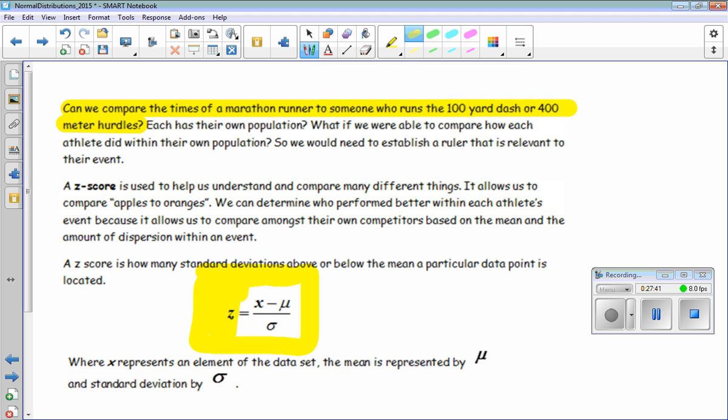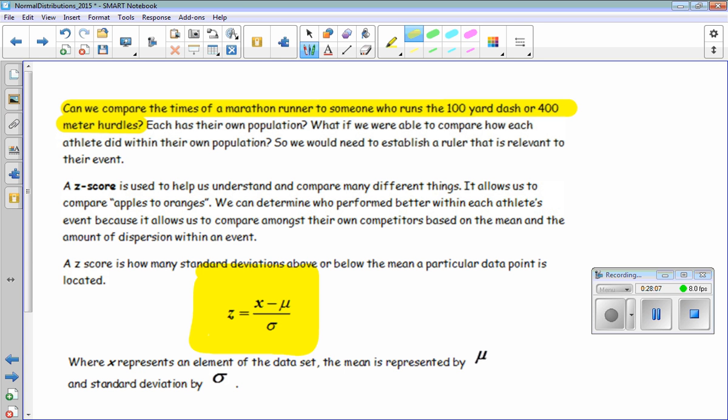Let's say Christian is our marathon runner, Carolina is our hurdler, and Jennifer is our 100-yard dash girl. Between Jennifer, Carolina, and Christian, who's the best athlete?